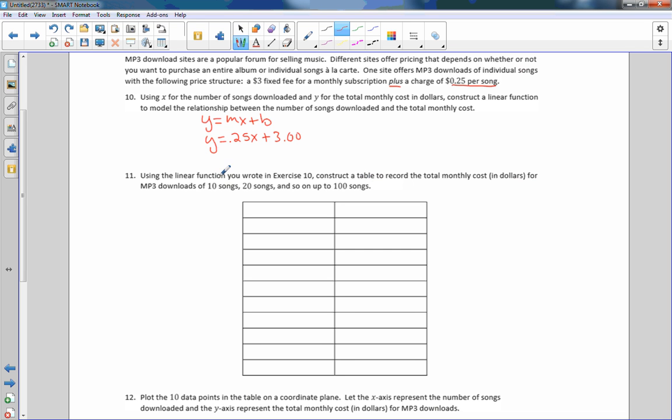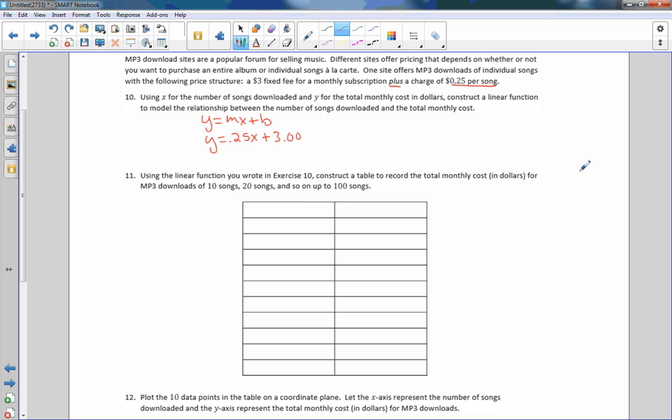11 says using this linear function, and you use in exercise 10, construct a table to record the total monthly cost in dollars for MP3 downloads of 10 songs, 20 songs, all the way up to 100.